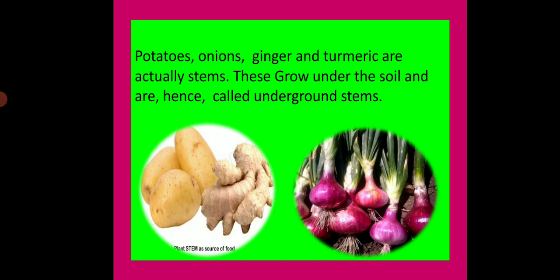Do you know the potatoes, onions, ginger and turmeric are actually stems? These grow under the soil and hence are called underground stems.